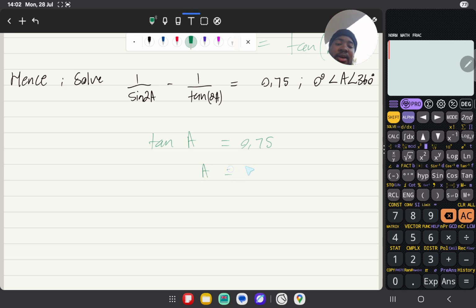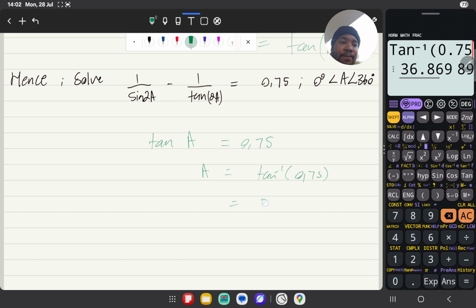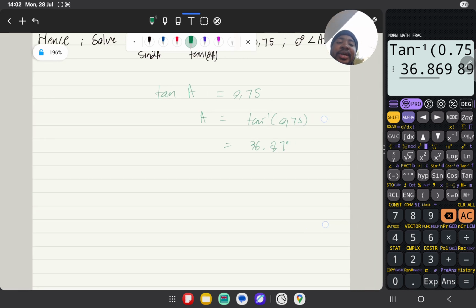You will say a equals tan inverse of 0.75, which is 36.87. In fact, instead of writing a here, I'll say reference angle, and my reference angle is 36.87.